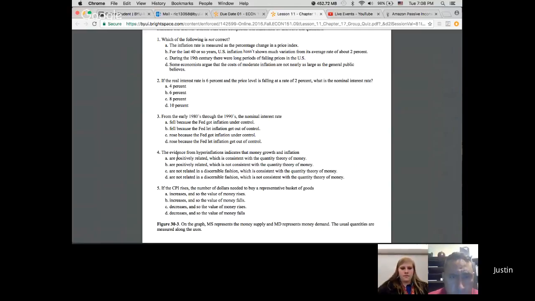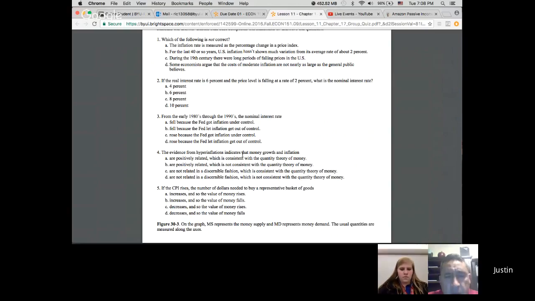Number 4, the evidence from hyperinflations indicates that money growth and inflation, I put A, are positively related. I got A. Yeah, it's consistent with the quantity theory of money. Quantity theory of money basically says that if... It's kind of the follow-up of question 3.